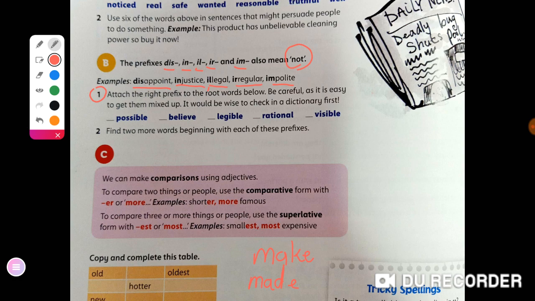Okay, what's the meaning of legible and rational before we start? Legible is like when you're talking about handwriting, and it's good handwriting that you can read. Legible handwriting, something that you can read, of handwriting especially.